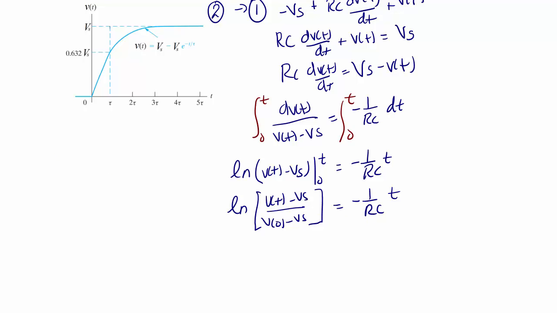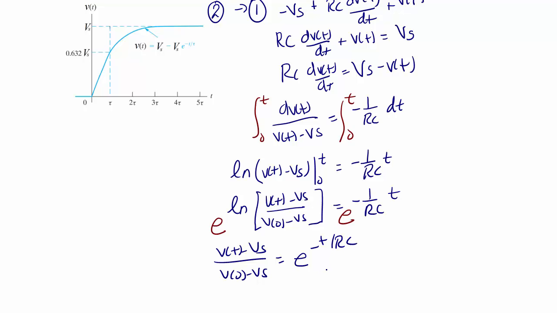So the way that we get rid of the natural log is we raise the left and right side of the equation to the e, and when we do that, over here we have V of t minus Vs over V of 0 minus Vs, and this equals e to the negative t over RC.